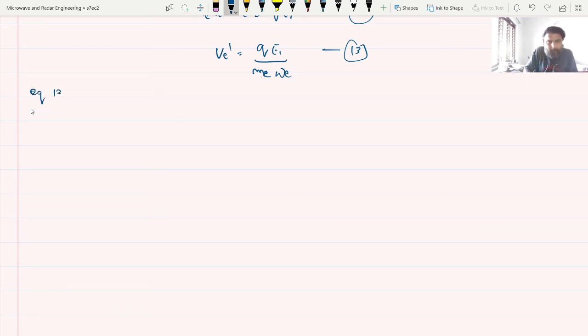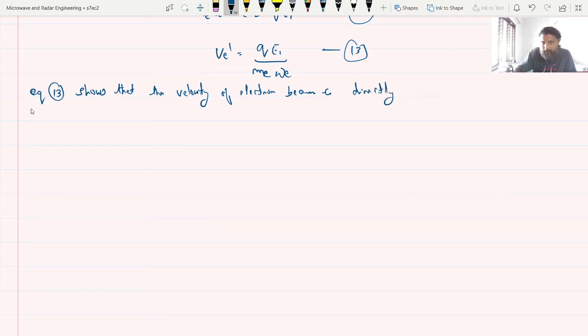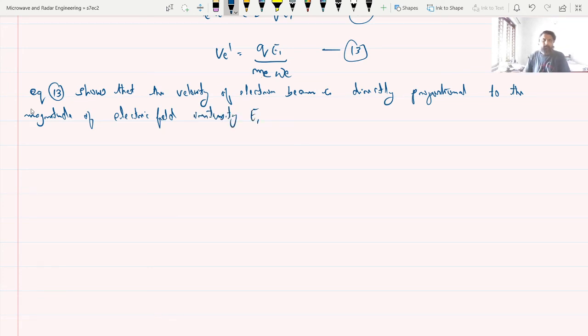Equation 13 shows that the velocity of the electron beam is directly proportional to the magnitude of the electric field intensity, that is given by E suffix 1.